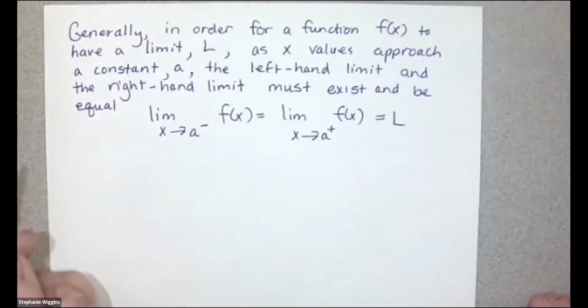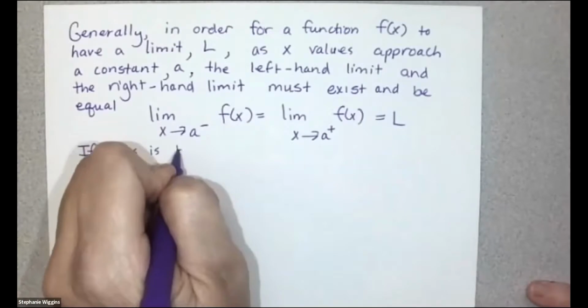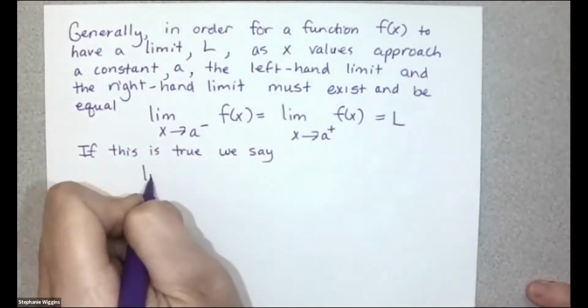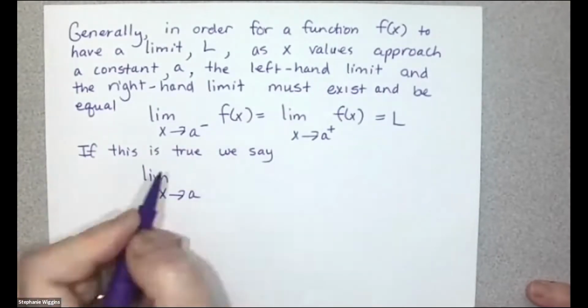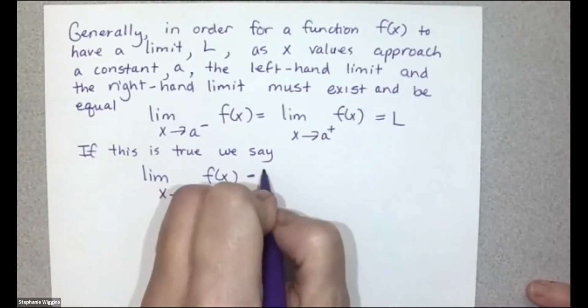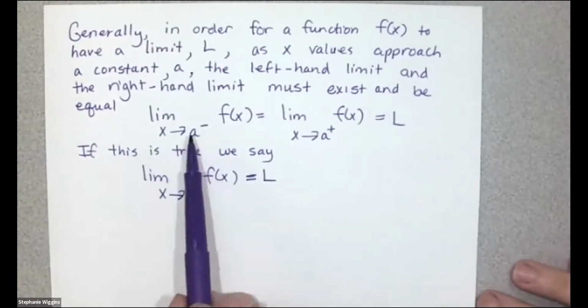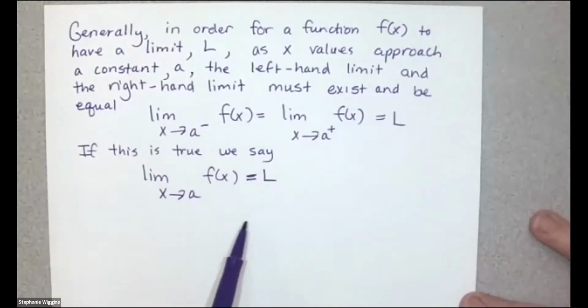If this is true, we say that the limit as x approaches a from either side, so that's why this is blank here, of f of x equals L. So for the purpose of determining if a function has a limit, we look at the left-hand and right-hand limits, and if they're equal, then we can say in general the limit is equal to L.